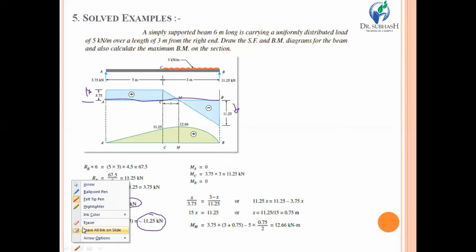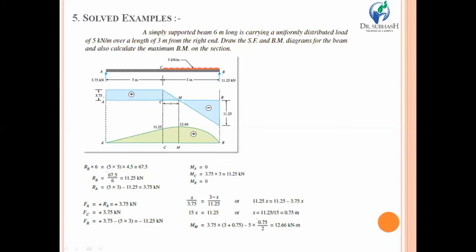Suppose you have taken 1 centimeter equal to, for example, 3 kilonewton. So at point A, you should move 3 centimeter in upward direction. Look at that particular point, 3.75, where it is coming.